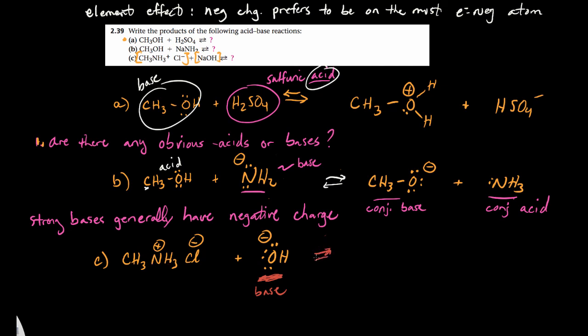Well, if we pull off one of these protons from NH3 plus, what do we get? So let's just draw out the product here. CH3NH2 with a lone pair, plus, and if hydroxide pulls off a proton, we have OH2, water.